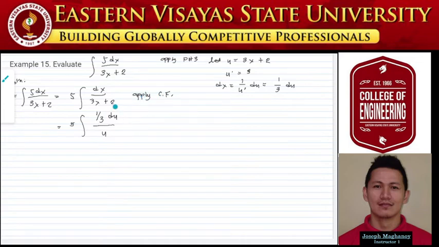So we can move our constant, okay, so it would be 5 times 1/3 du over u. Now we can apply our third formula, the logarithmic function number 3.